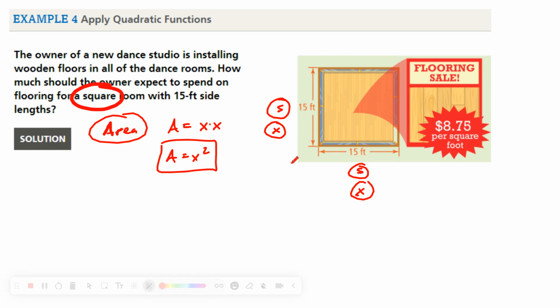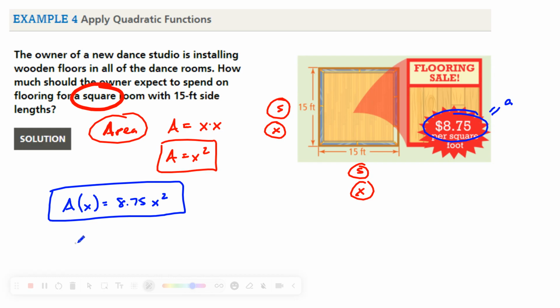Now, in this problem, they're telling us that every square foot costs $8.75. This is going to be our A value. That is what we're multiplying the area by. So this area function, and again, if you want to be very, very technical, it'd be capital A of X equals 8.75 X squared. That is our area function.